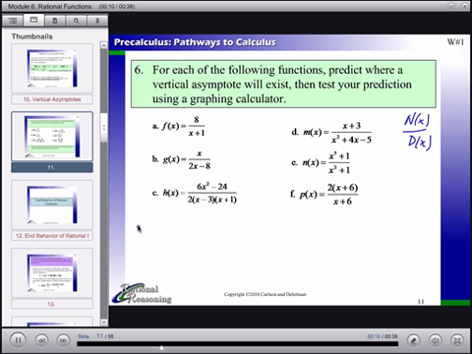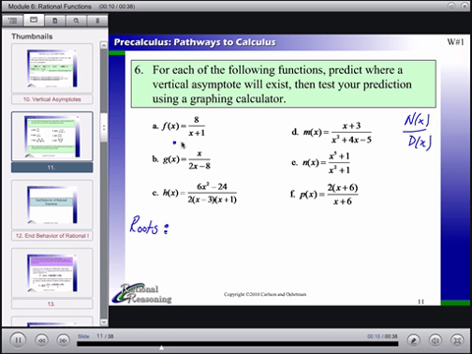So let's start with roots. What's the definition of a root? They said x-intercepts, or values of x that do what? Make the function equal to 0. So y equals 0.